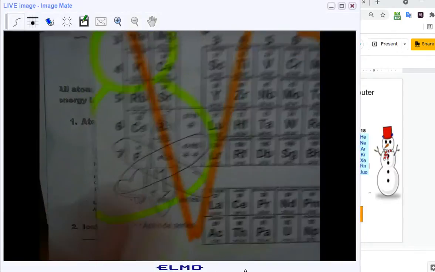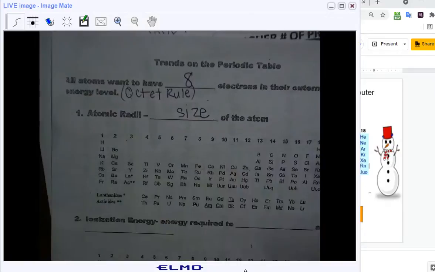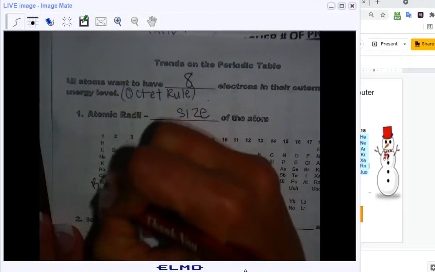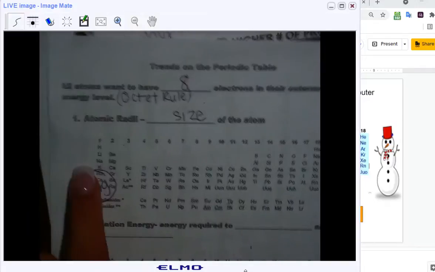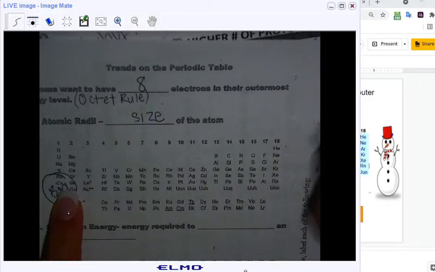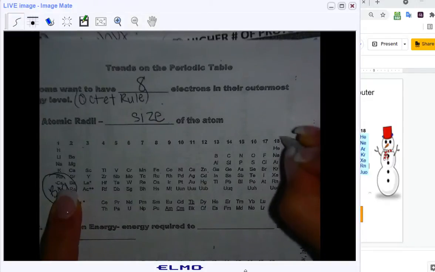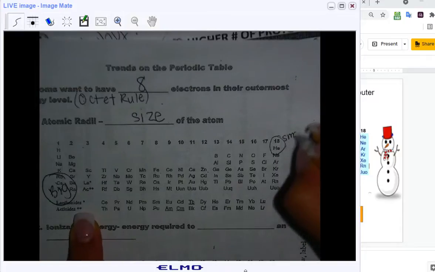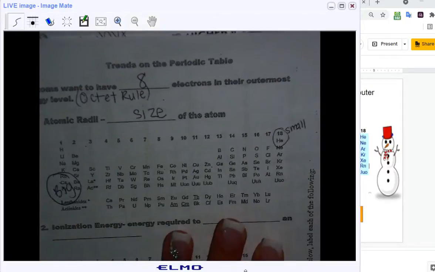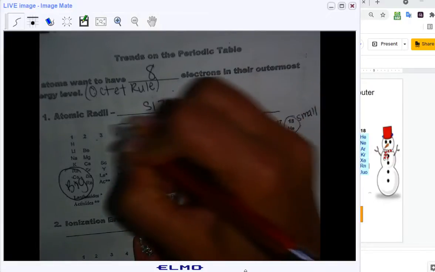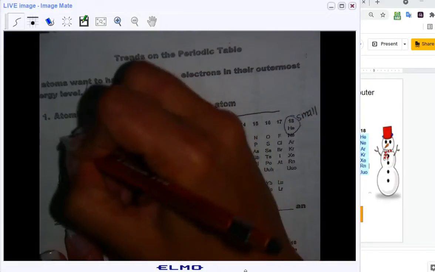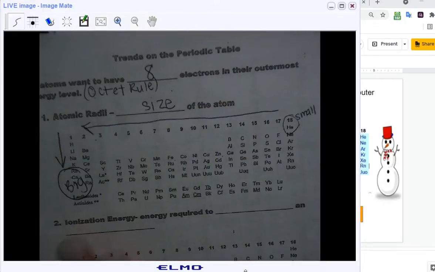It is your bottom left corner. So we're going to put the word big right here, and a big circle. We're going to put the word small up here, and a little circle. Okay? So atomic radius increases going to the left and going down.